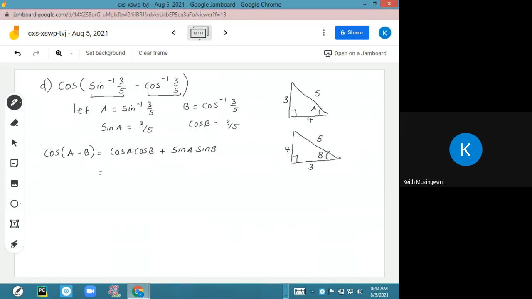Cos A is adjacent over hypotenuse, so it will be 4 over 5 multiplied by cos B, which we know is 3 over 5, plus sine A, which is 3 over 5, but sine B we get from here.